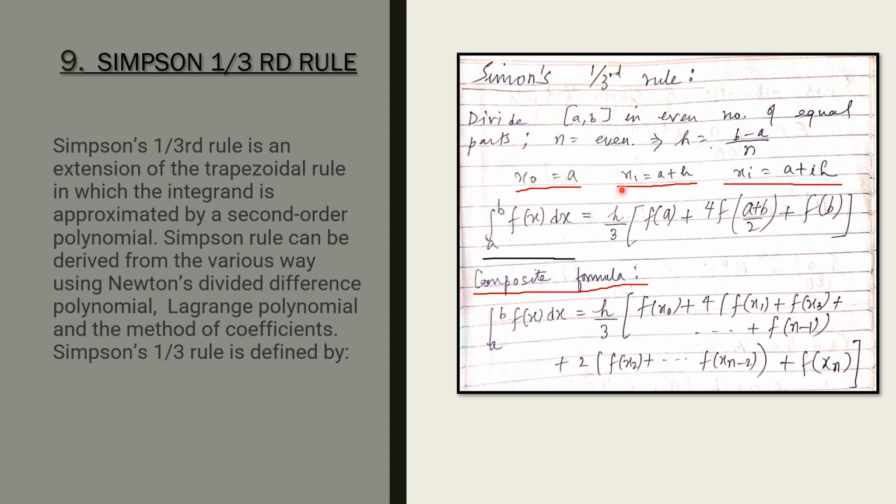So you can memorize this formula as such: the integration from a to b of f(x) dx using Simpson's 1 by 3 rule is h by 3 times f of x naught plus f of xn. Keep it aside. Then 4 into f of all the odd terms x1, x3, up to xn minus 1, and then plus 2 into all the even terms x2, x4, up to xn minus 2, and then you will get your desired answer to the integration.